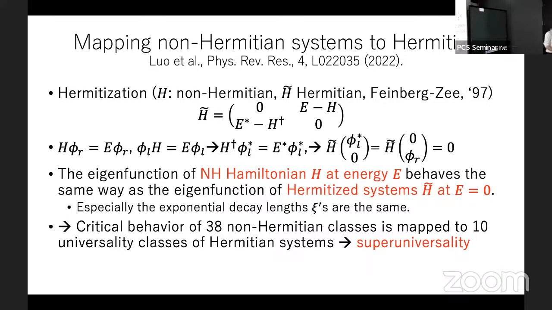So H tilde looks like a spiral. Yes. Does it matter? It matters.